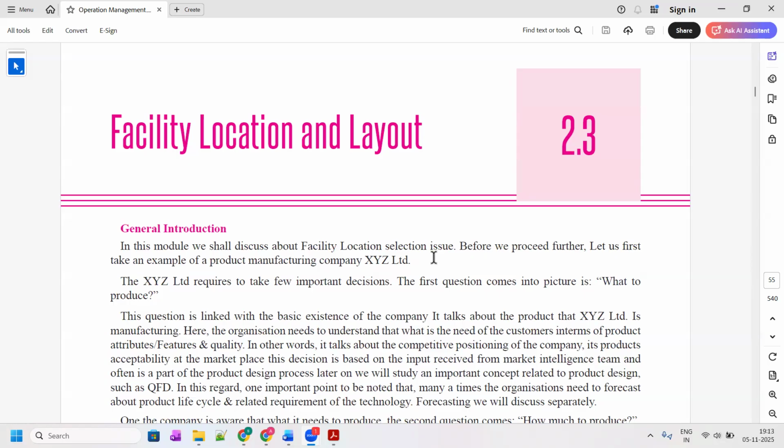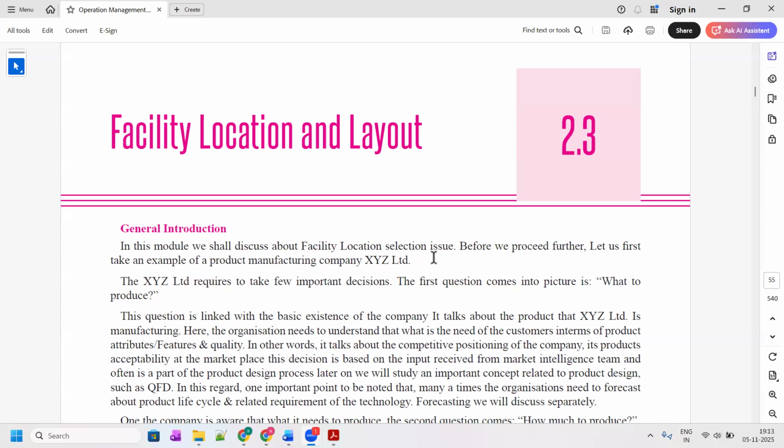So, what is this facility by any chance? Facility means the manufacturing plant, a factory, where they produce and ultimately convert the raw material into finished good.